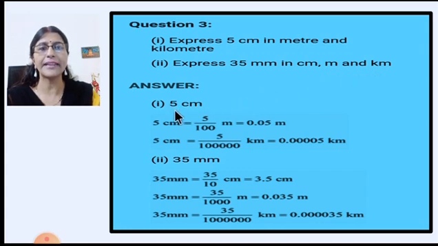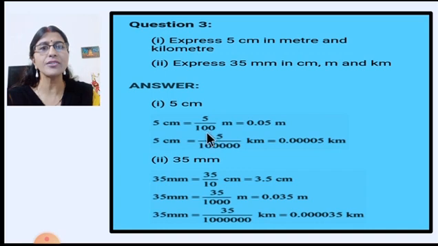First we'll take 5 centimeter. As we have learned before, 100 centimeter is 1 meter. We are converting a small unit into a bigger unit, so we are going to divide. So 5 will be divided by 100. Here again we are dividing, so the point will be shifted to the left side. How many places?